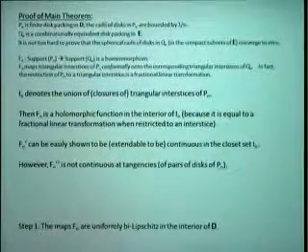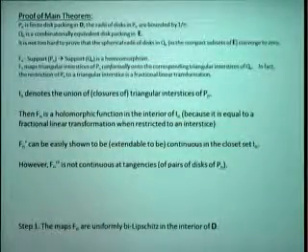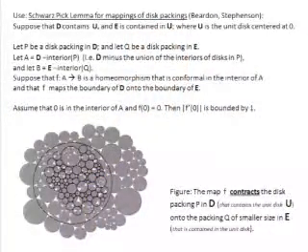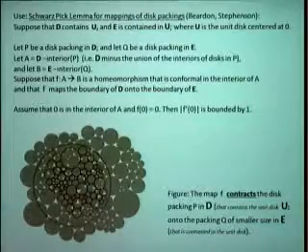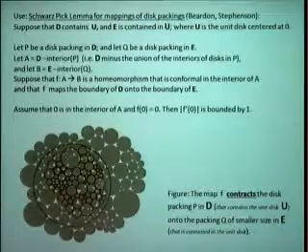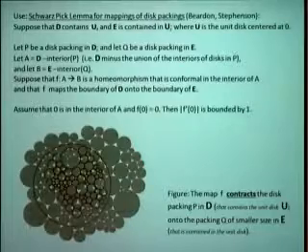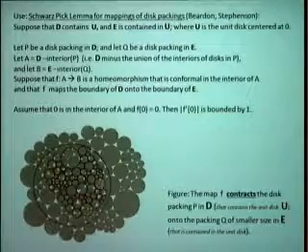So the first step of the proof is to show that the F sub n's are uniformly bi-Lipschitz in the interior of the domain. And this is by using the so-called Schwarz-Pick lemma for mappings of these packings. I think it first appeared in a paper by Beardon and Stephenson. The idea is that if F contracts a bigger disk packing into a smaller one, then the derivative must be bounded by 1 in absolute value.